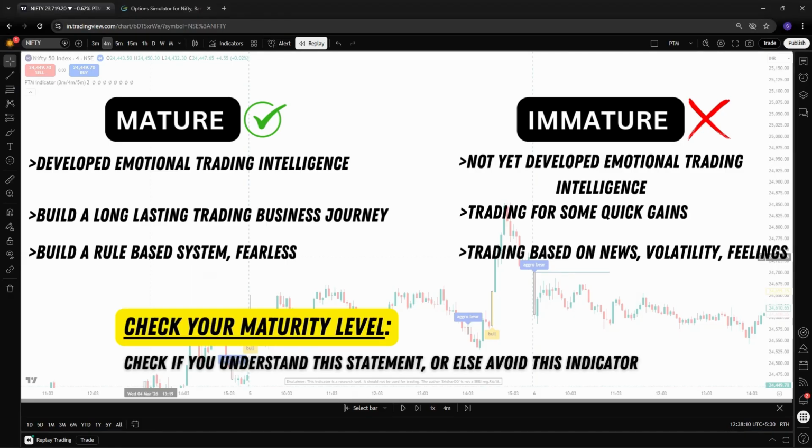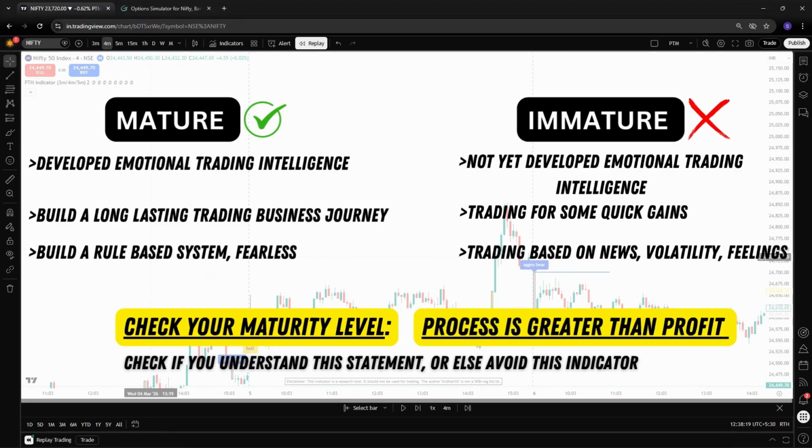If you understand this statement, then this indicator is for you, or else you are not yet ready. The statement is, process is greater than your profit. The process of trading, the market structure, the entire management of that, the value of that process is greater than your profit. Profit is just a byproduct.